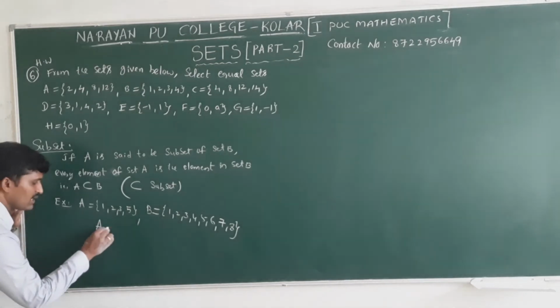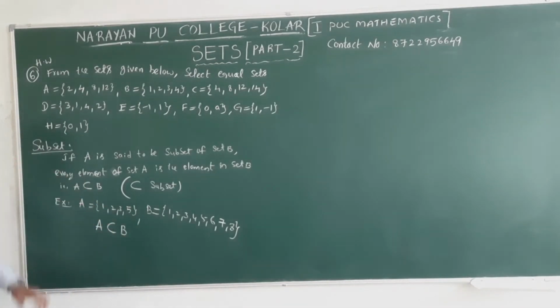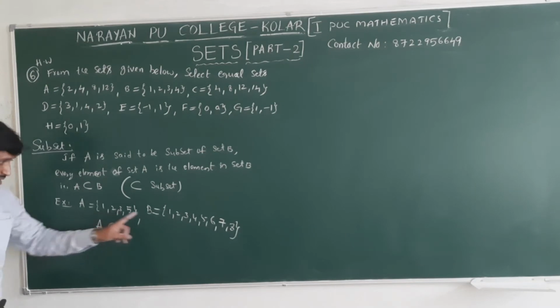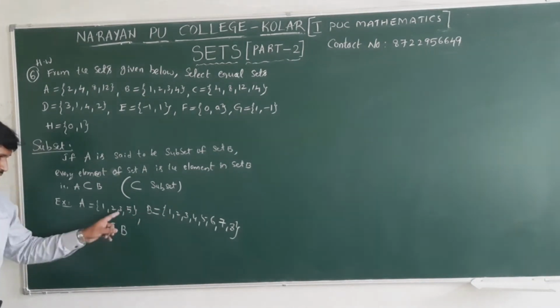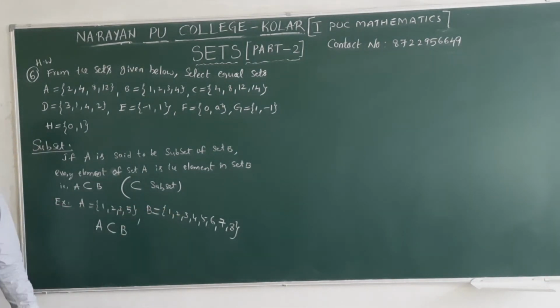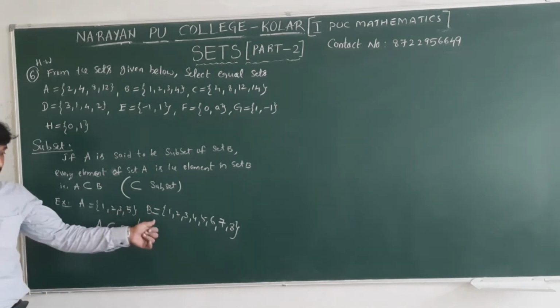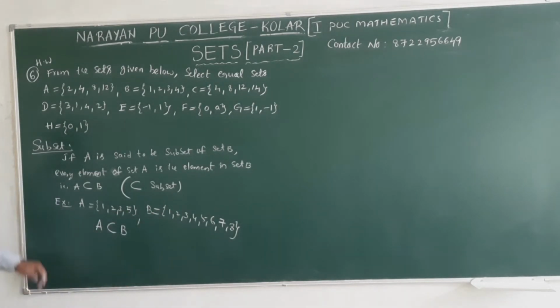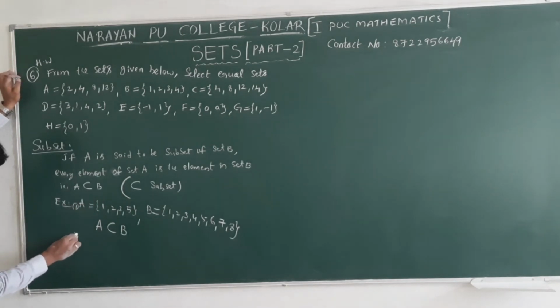So clearly A is a subset of B. Is it understood? 1 is there, 2 is there, 3 is there, 5 also there. That's why clearly A is a subset of set B. Okay?